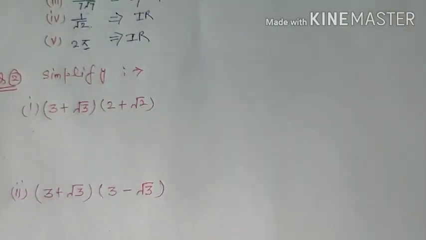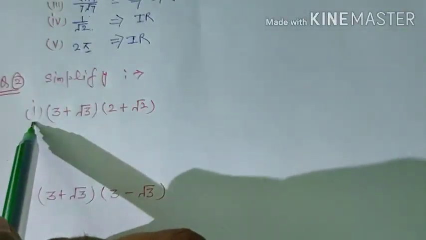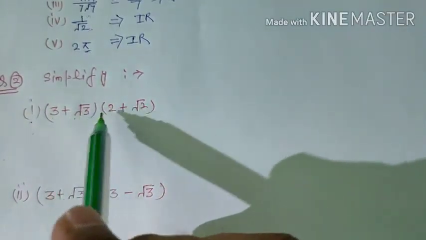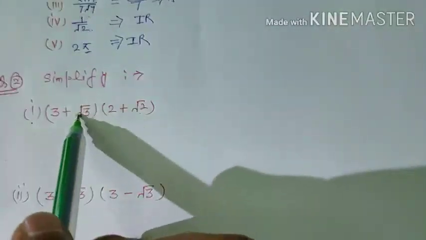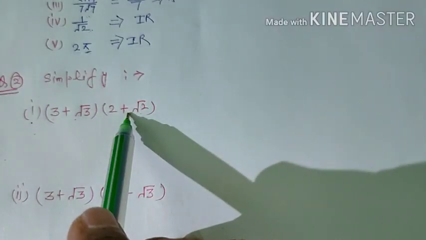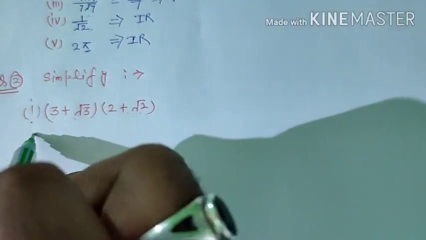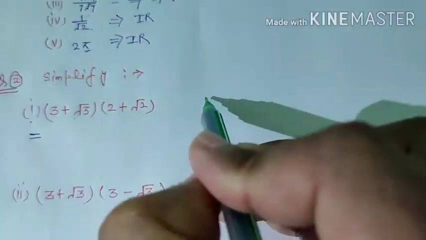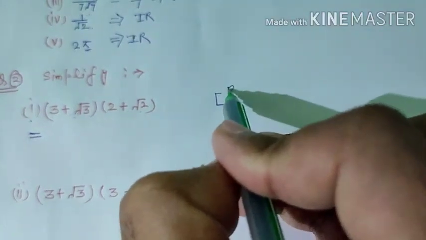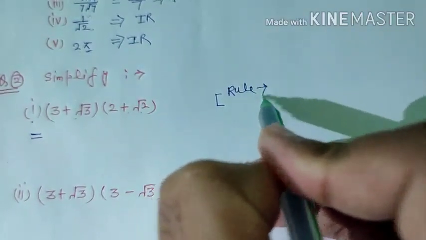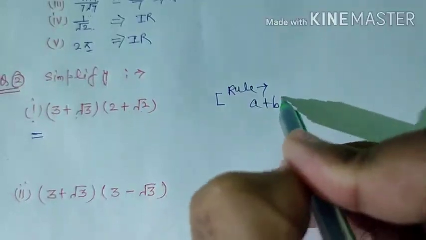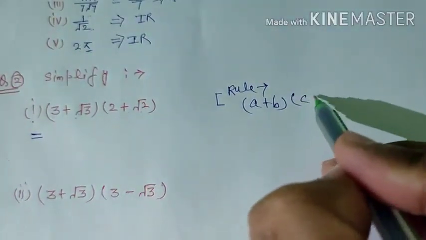Now we have to simplify the first part. 3 plus root 3 multiply 2 plus root 2. I have to simplify this. So for that, what we can do, we can use a formula or rule, you can say: a plus b, c plus d.